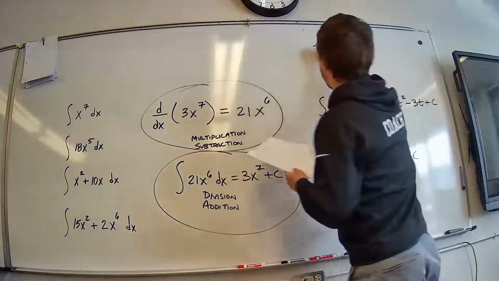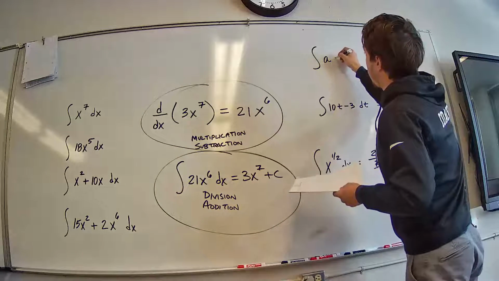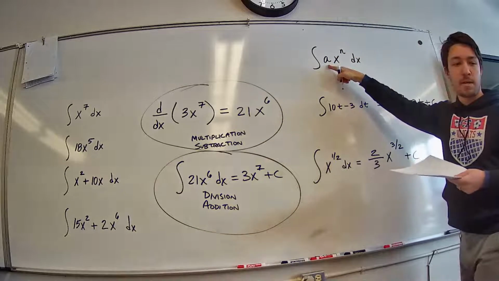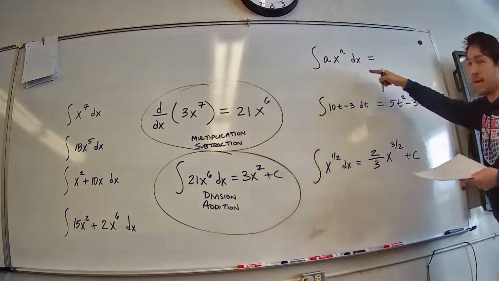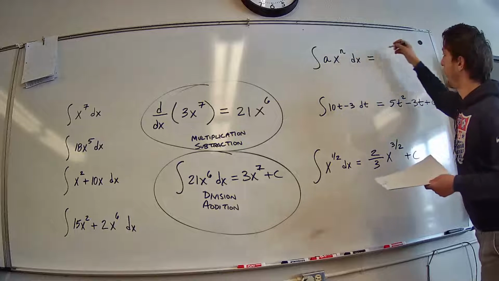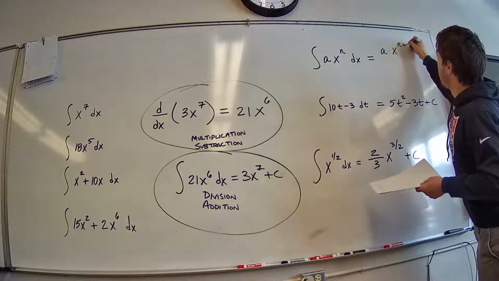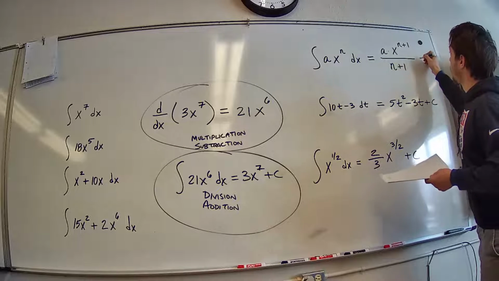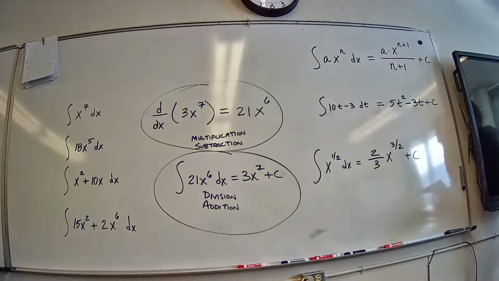So if you want a formula, say you had a times x to the n, where a is a multiplicative constant. Let's figure this out here. What happens to the exponent? We add 1 to it, and then you divide by that new number.